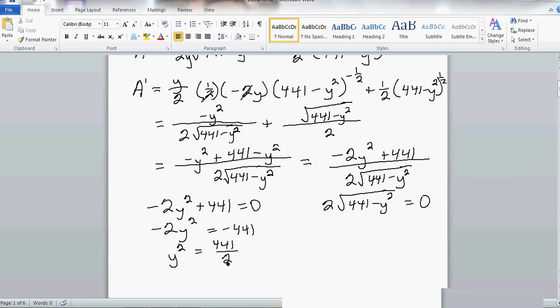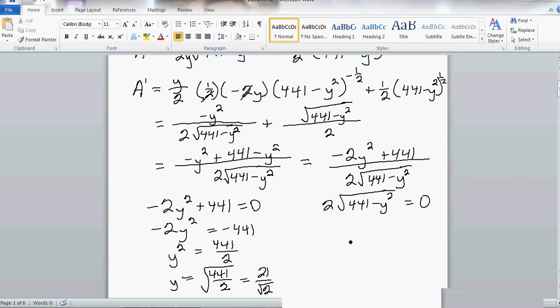Then take the square root. Now realize, since we're talking distance, we are only worried about the positive. So we have y equals the square root of 441 halves, which, if you remember, the square root of 441 is 21, so that's 21 over the square root of 2.